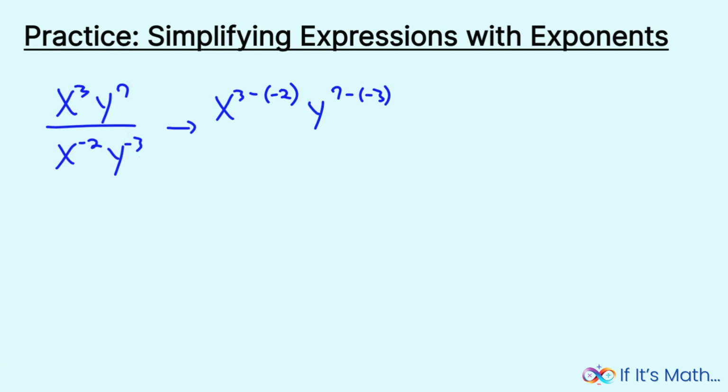Now we just need to simplify this. That's going to give you x to the 3 minus negative 2, which is x to the 3 plus 2, which is 5. And then y to the 7 minus negative 3 is 7 plus 3, 10. And that's it. That's your answer. So x to the third y to the seventh over x to the negative second y to the negative third becomes x to the fifth y to the 10th.